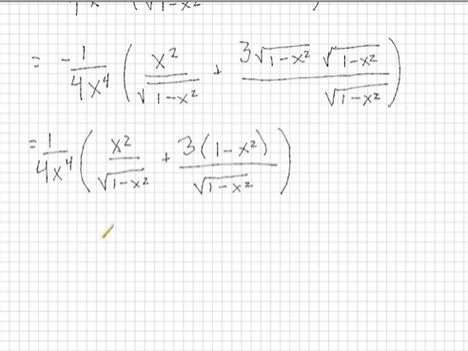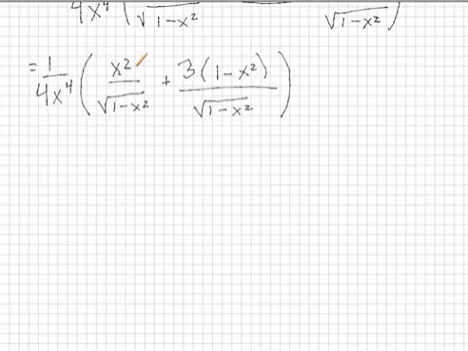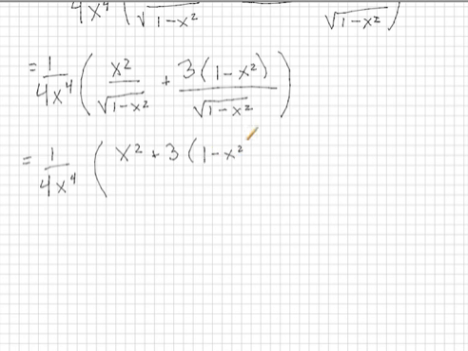Now we can go ahead and combine the terms in the numerator since we have a common denominator. The outside's going to stay the same. Combining the terms in the numerator, we're going to get x squared plus 3 times 1 minus x squared, all over the common denominator that we used.